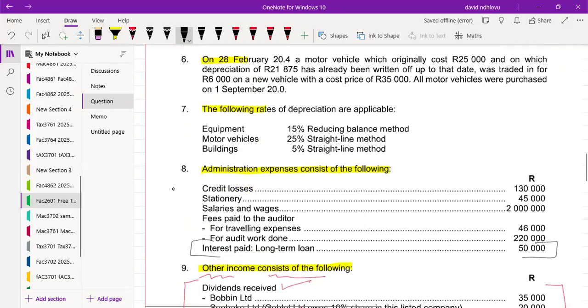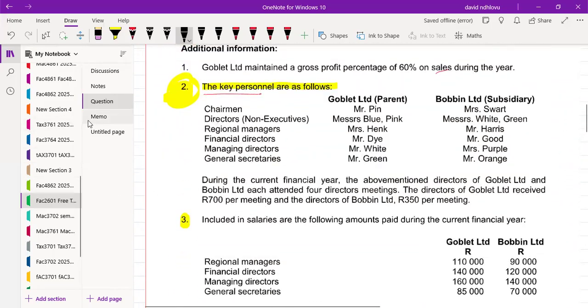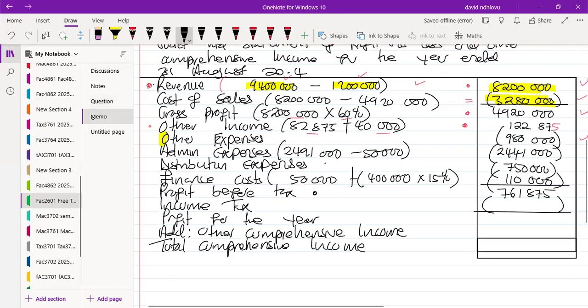So we take that figure as it is given and we deduct it from the profit before tax amount. So we say 761,875 minus 197,925. We are going to get a value of 563,950, and we call that profit for the year.